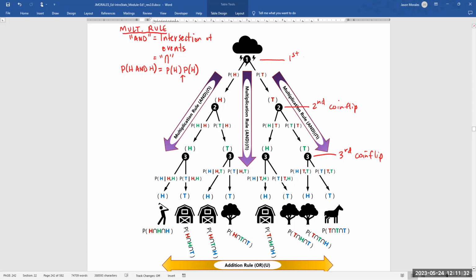Now, the other keyword to look out for is the word "or." The word "or" means a union of events. The mathematical symbol that represents "or," union, is easier to remember. It just looks like a capital U. So if you're interested in calculating the probability of getting heads or tails, that would be equal to the probability of heads plus the probability of tails.